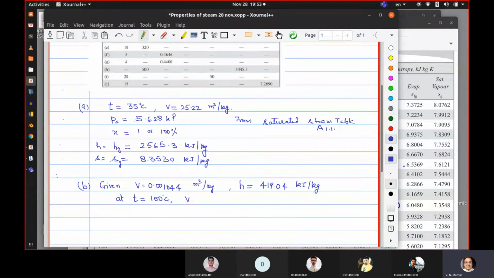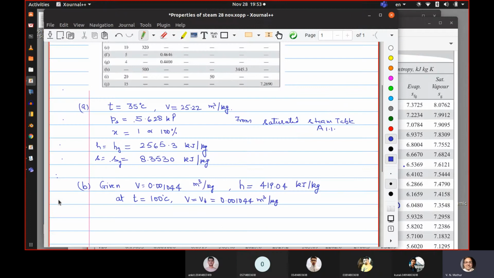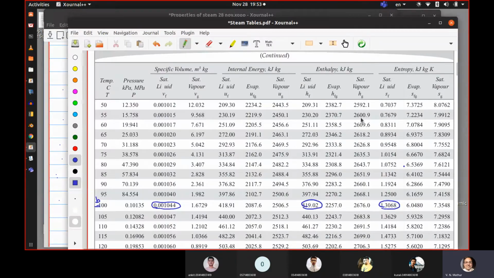We found the value of fluid to be equal to the given value. So that means this is slightly different: 419.04 and this is 418.91.